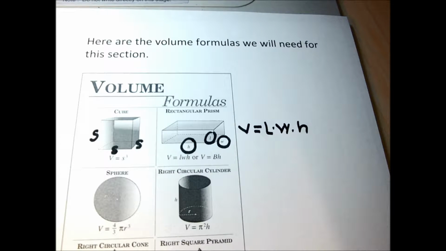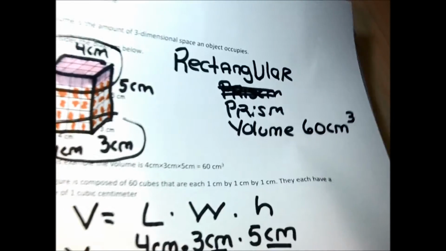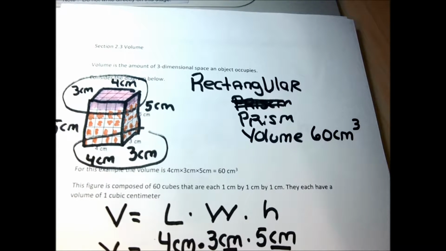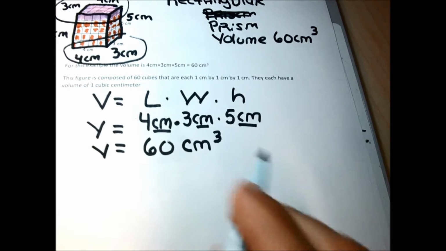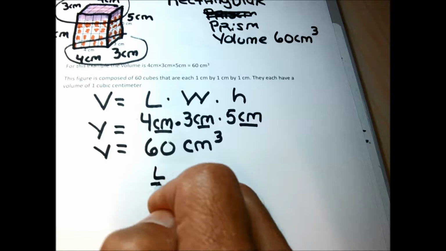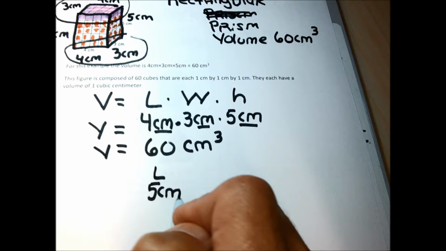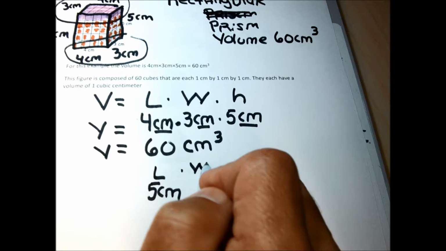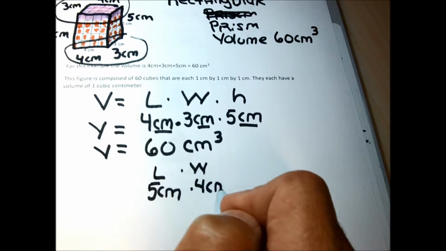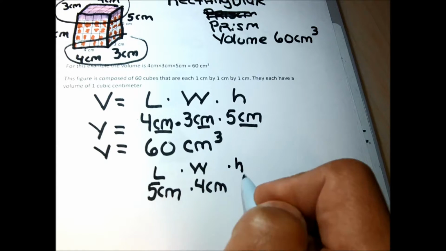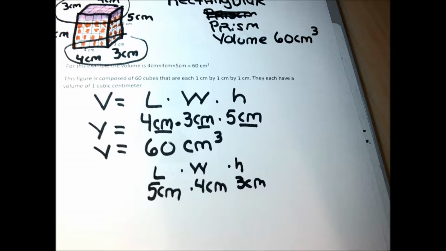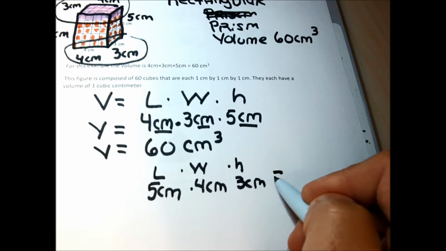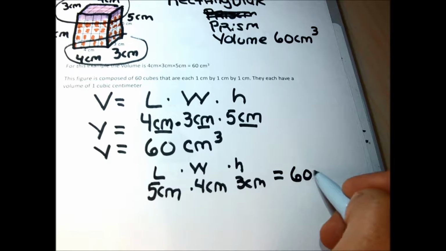So when I did this problem here that wasn't numbered, if I would have said that the length is 5 centimeters and the width is 4 centimeters and the height is 3 centimeters, looking at it from a different perspective, I'd still get the same volume of 60 cubic centimeters.